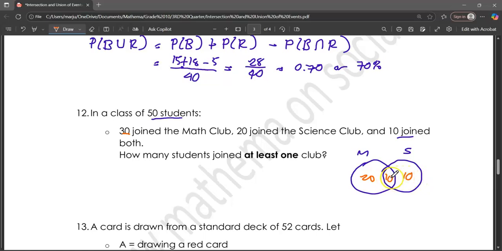And then this one as well, there are 10. So 20, 10, 10, that's 40. So meaning to say, the answer to this one is there are 40 students who joined at least one club. So what you are trying to get actually here is just A union B. Ganun lang siya.